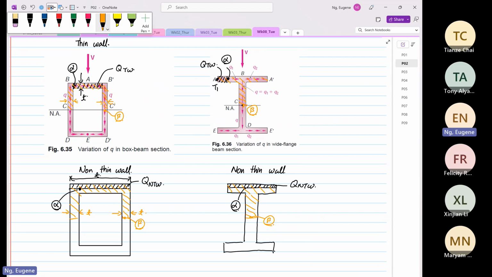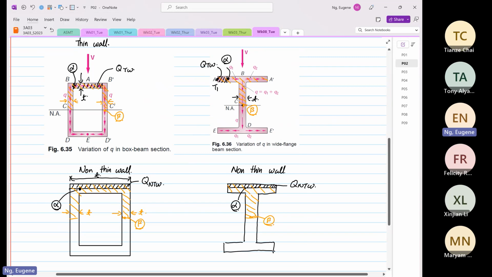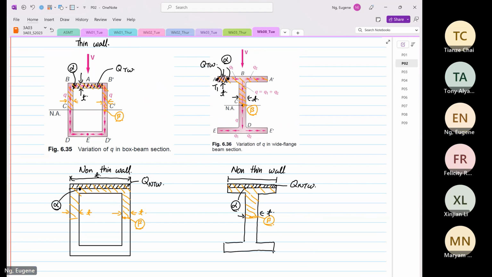The next similarity is the thickness at beta. This is the thickness that we take at beta. This is the thickness that we take at alpha. The thickness is perpendicular to the shear flow, whereas for non-thin wall, this is the thickness. So it's very obvious that the stress value generated from thin wall analysis will be higher than the non-thin wall.